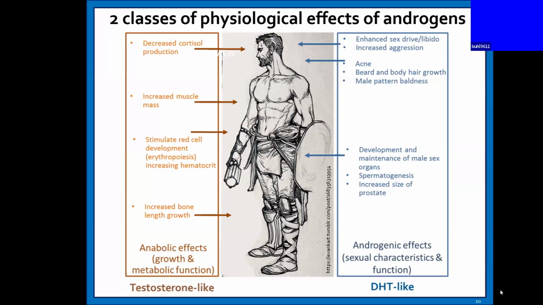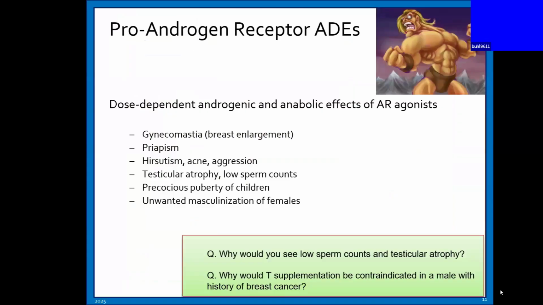Also, we've got development and maintenance of male sex organs, both in utero and then during puberty, and spermatogenesis, and an increased size of the prostate. Okay, if you take an androgenic drug, whether it's testosterone or a synthetic replacement type drug, you're going to see adverse effects. And they're dose dependent, just like every other adverse effect.